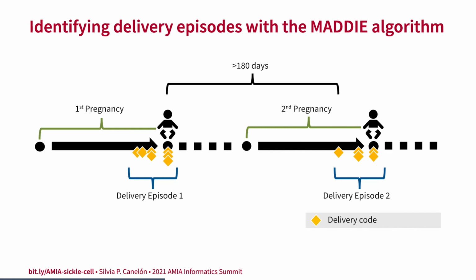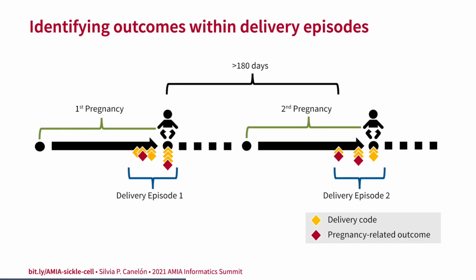So in this diagram, there are two distinct delivery episodes and a variety of delivery codes that define the beginning and the end of each delivery episode. When we wanted to identify outcomes within these delivery episodes, we also utilized ICD codes and then mapped a pregnancy-related outcome to each of the delivery episodes in terms of whether they were occurring within that same delivery window.